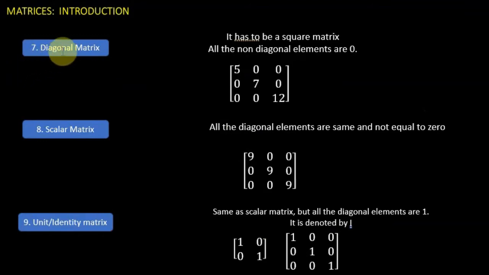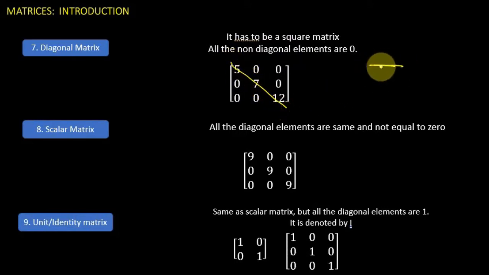Here the seventh one, diagonal matrix. Diagonal matrix means the first condition is that it should be a square matrix, compulsory, and all the non-diagonal elements are zeros. See here, diagonal means what? I think you know that. This is my diagonal.